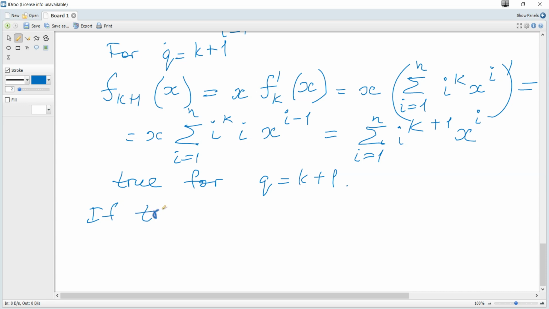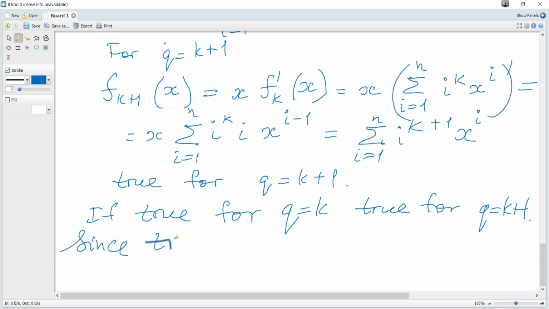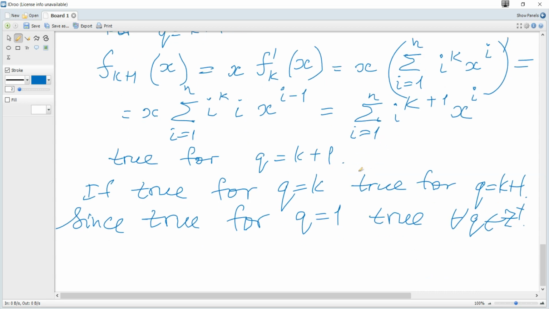If true for q is k, true for q is k plus 1. Since true for q is 1, true for any q that is a positive integer.